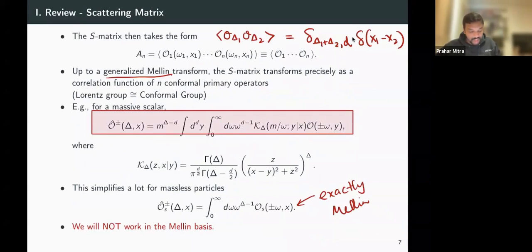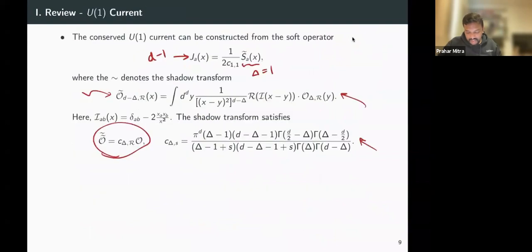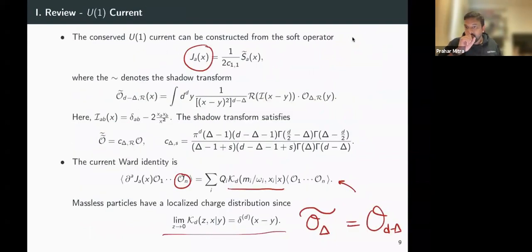And then it turns out that the shadow transform of this O delta defined in this way is equal to O of D minus delta, where I just substitute D minus delta in this formula. So this in fact suggests that the operators O delta are not themselves local, because there is a non-local relationship between operators with dimension delta and D minus delta.